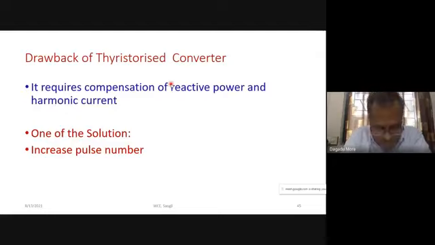Also, the converter is not taking a sinusoidal current from the supply. It takes non-sinusoidal current, and because of that, we pollute the power supply system, which will affect other equipment. And we want to reduce this. We have to reduce the reactive power and harmonic current, and one way is to increase the pulse number. Okay, and the other things we will discuss in the next lecture.